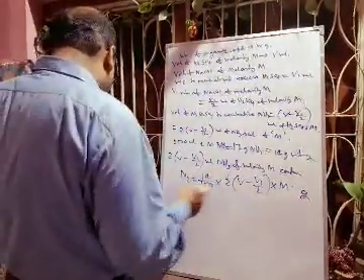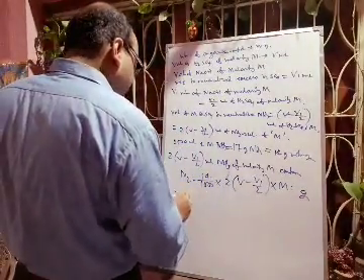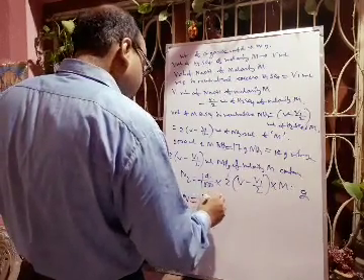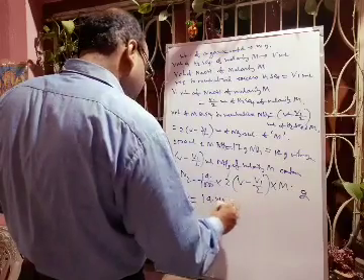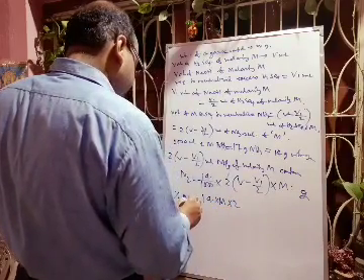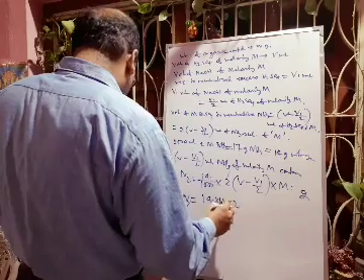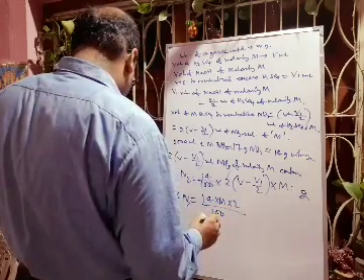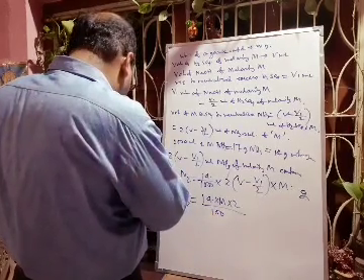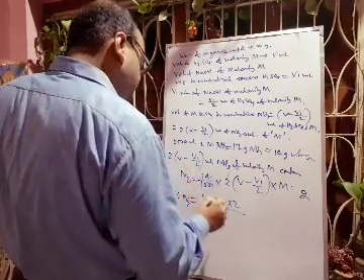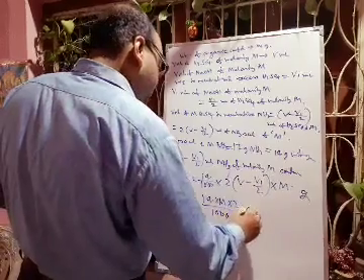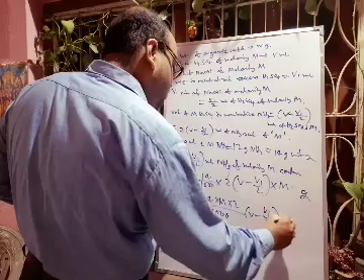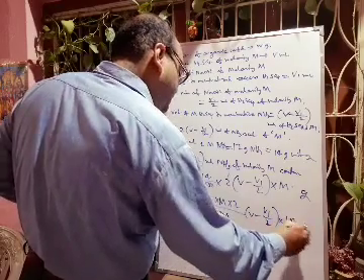So from here if you calculate you will get that percentage of nitrogen will be equal to 14 into M into 2 divided by 1000 into (V minus V1 by 2) into 100 divided by W.